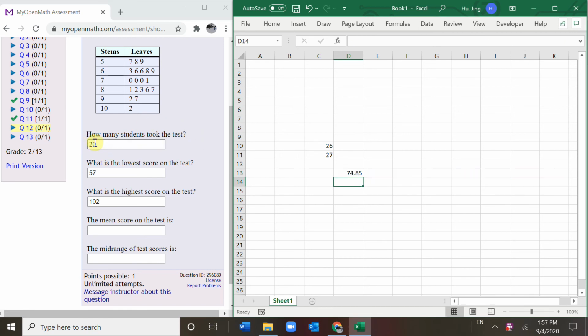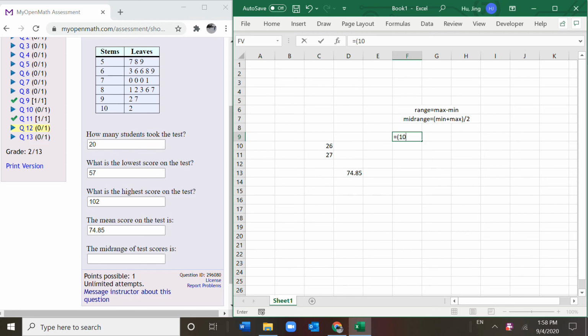20. We know range is maximum minus minimum, the biggest number minus the smallest number. Mid-range is minimum plus maximum divided by 2. Okay, so here is 102, the biggest, right?